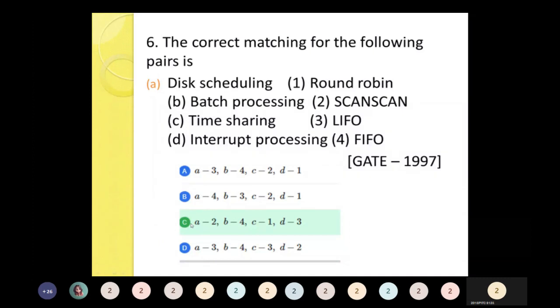Here, apart from all the options, we have to choose the best one. All are relevant to scheduling properties, so we have to understand the properties and nature of any scheduling and how it pairs with the process.